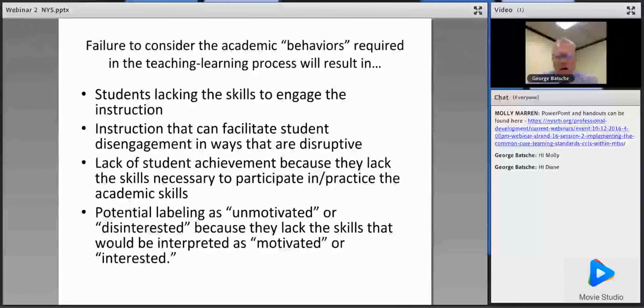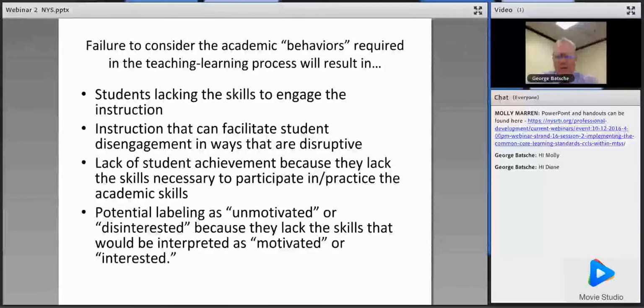Teachers shouldn't have the burden of teaching and also ensuring that at every moment they're having to drag students into engagement. It will also result in instruction that can actually facilitate student engagement in ways that are disruptive.